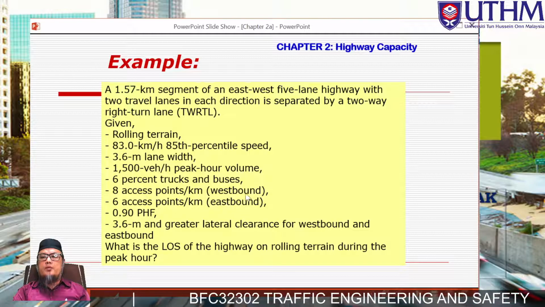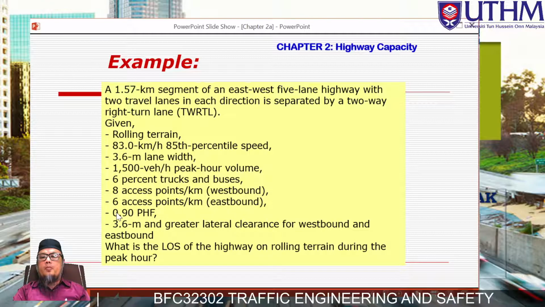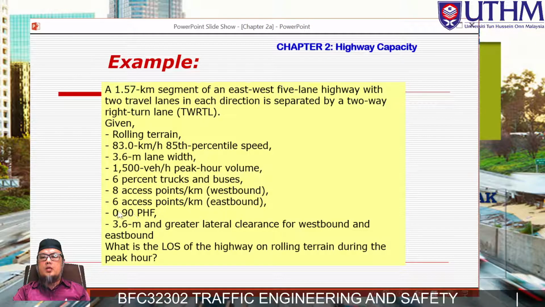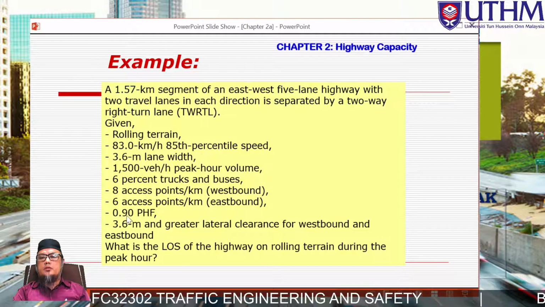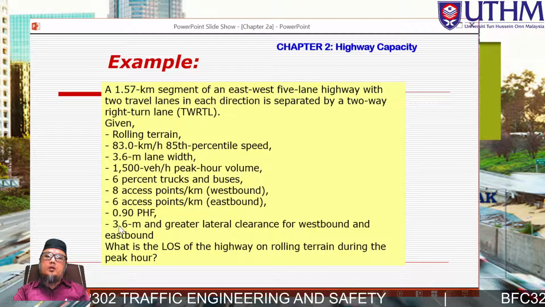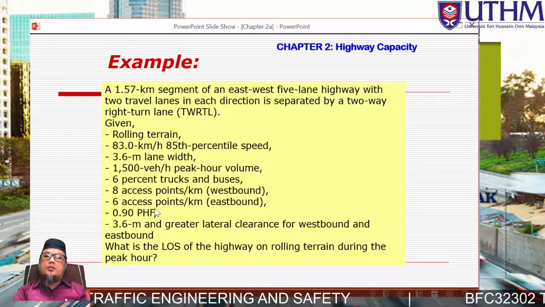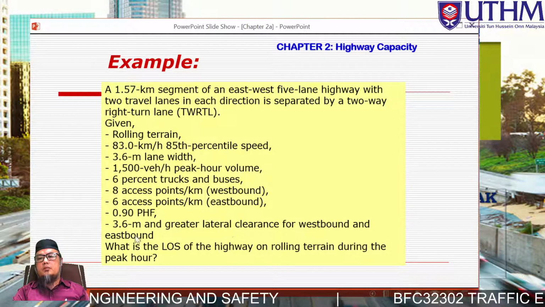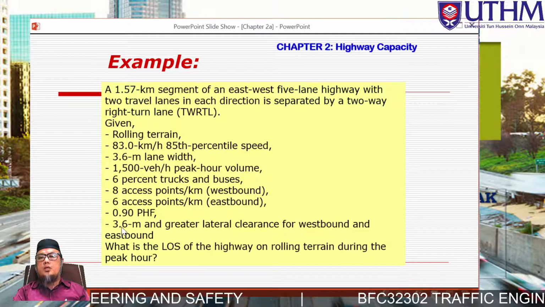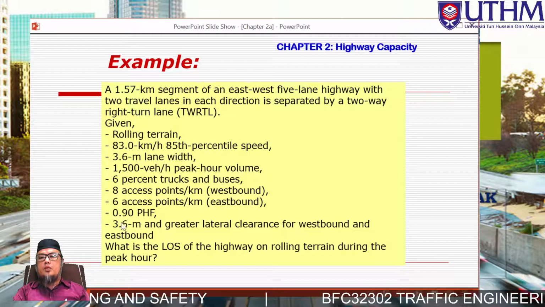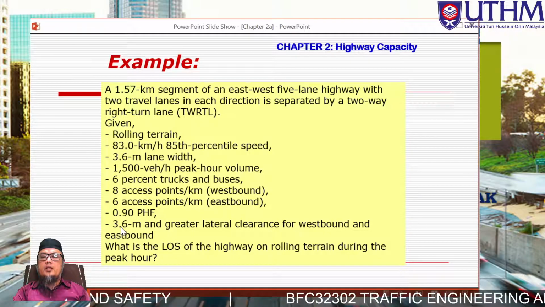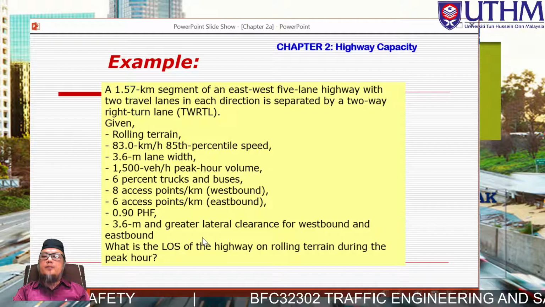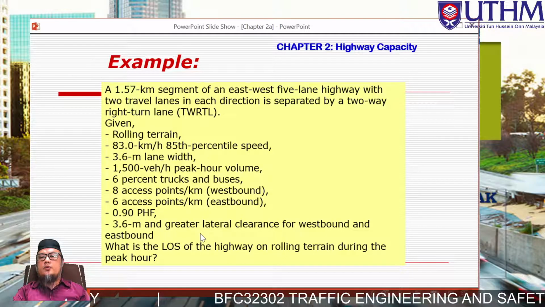So they have different directions with different access points. The KPI factor, you don't have to calculate; they provide that straight value. They also provide the lateral clearance. In some questions they give the lane width for shoulder and median and you have to calculate that, but this one they give directly, 3.6, which is high, so consider no effect for speed reduction.